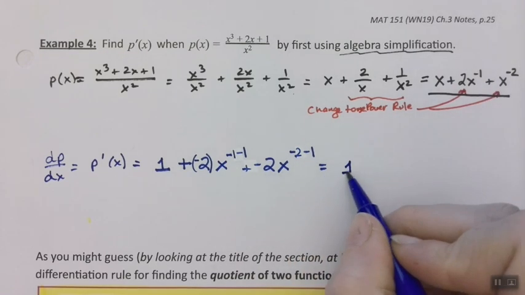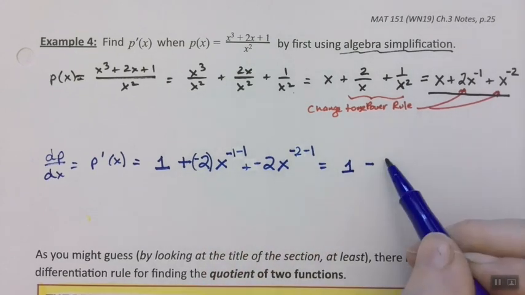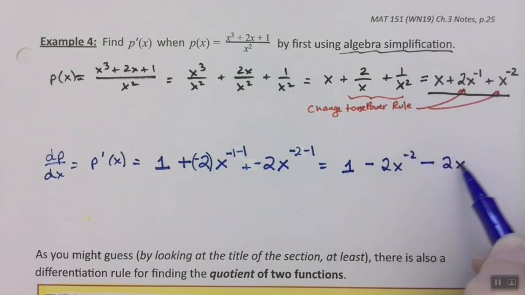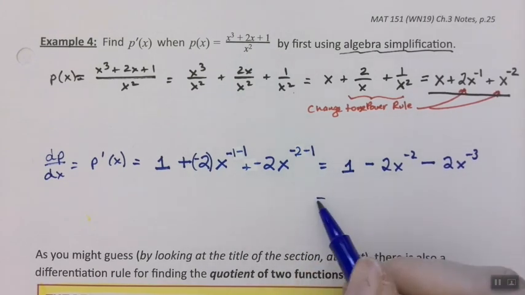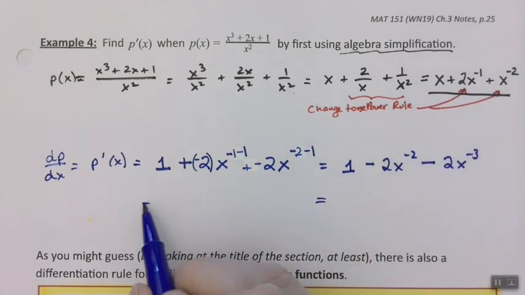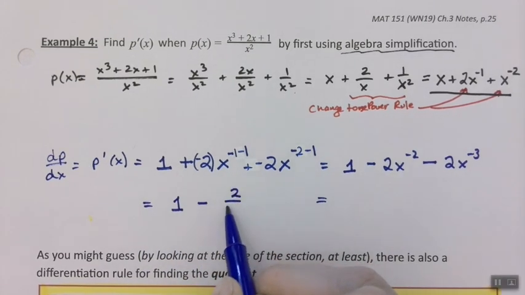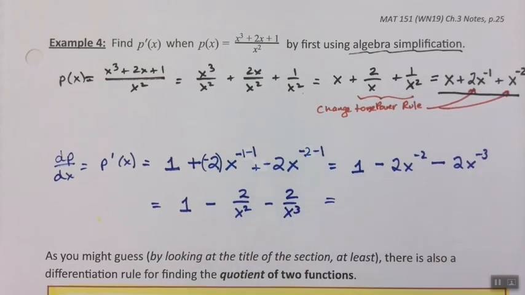So that gets you 1 take away, because plus a negative is minus, take away 2x to the negative 2, take away 2x to the negative 3, and in general we would rewrite that as 1 take away 2 over x squared minus 2 over x cubed.